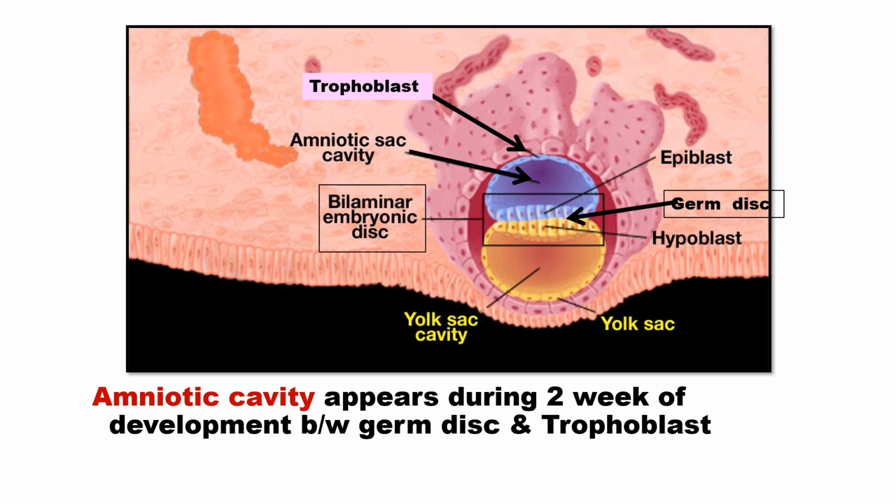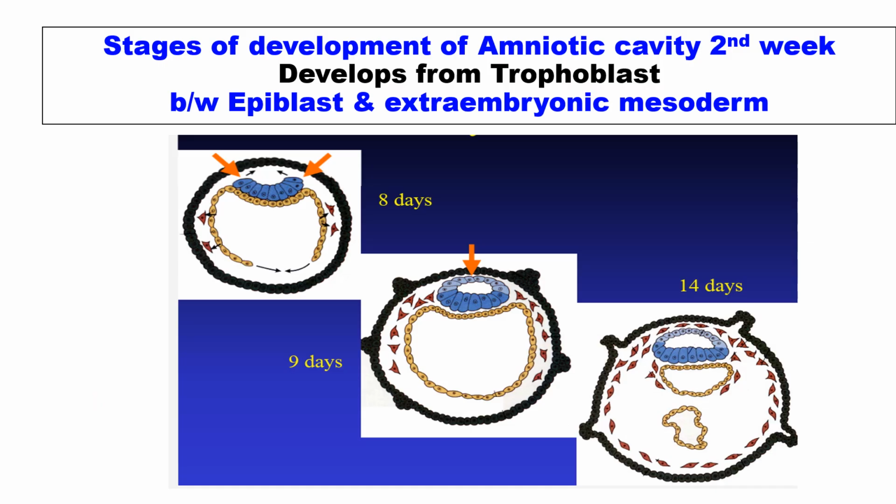Development of the amniotic cavity starts as early as the 8th day of intrauterine life, after the implantation of the blastocyst, which occurs around the 7th day or end of the first week of development.